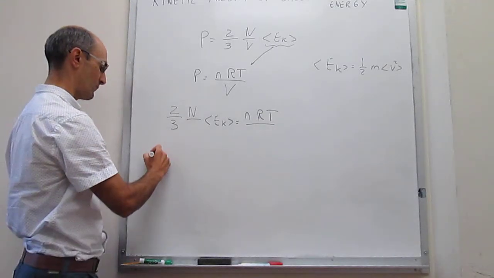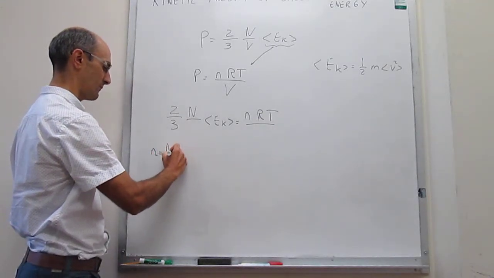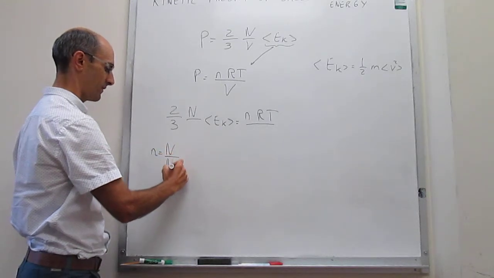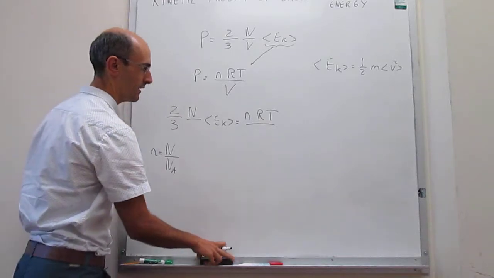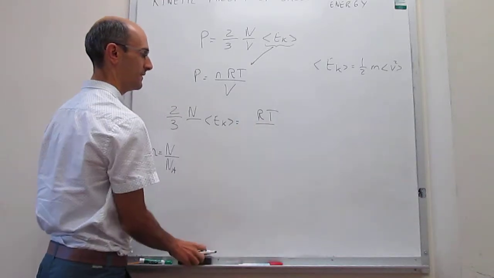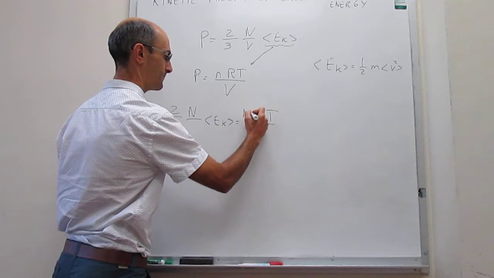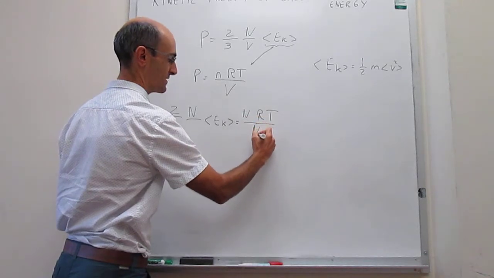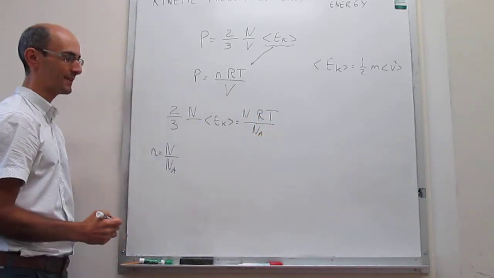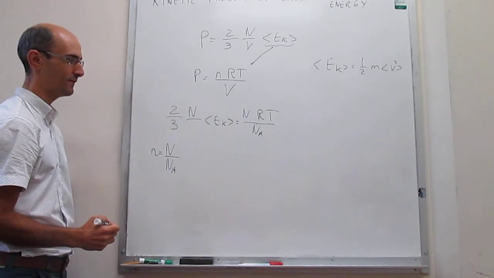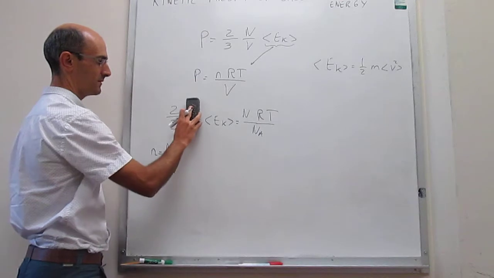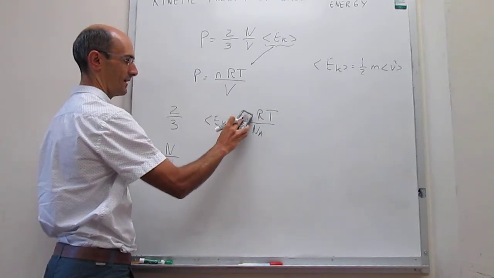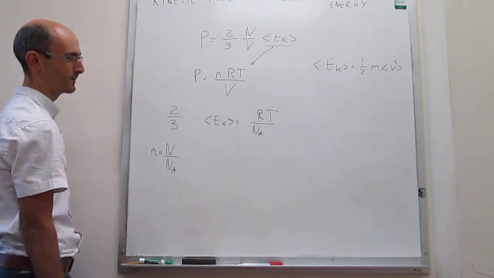The number of moles is equal to the number of particles divided by Avogadro's number, which is the number of particles in a mole. So we can replace the moles by the number of particles over Avogadro's number, and then we can also cancel the number of particles.